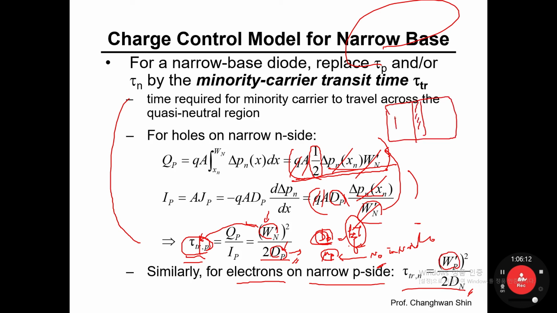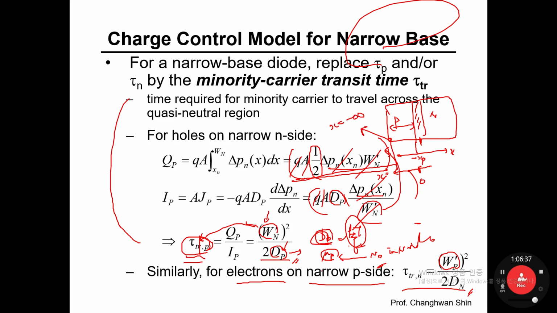Depletion layer, p side, n side. So along x direction, that depletion edge is minus xp. But if we are adopting new coordinate system x2 prime, that is 0. And this edge, if this p side is long base, then this x value is minus infinity.